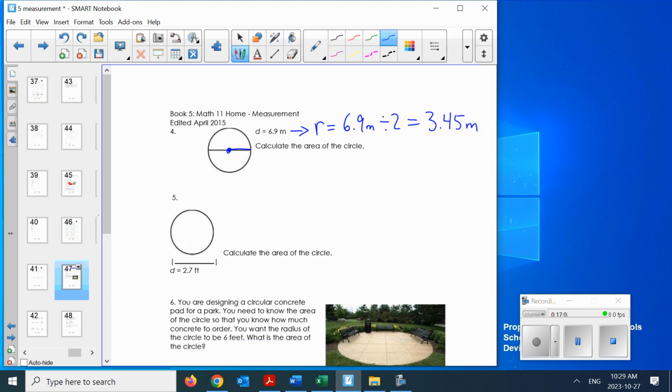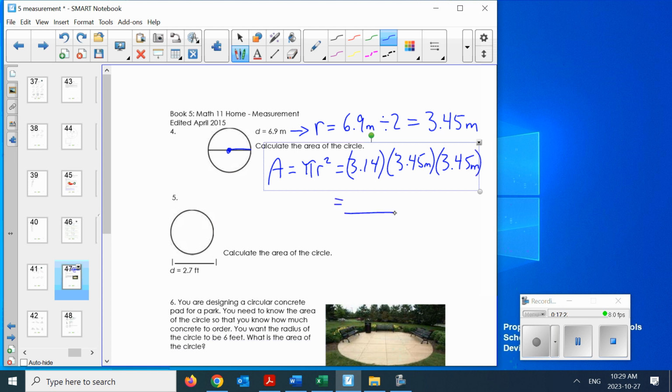The area of the circle is pi r squared. So I'm going to put 3.14 times 3.45 meters. And again, you're going to finish the calculation. You're going to have some number squared behind it. Keep it exactly.